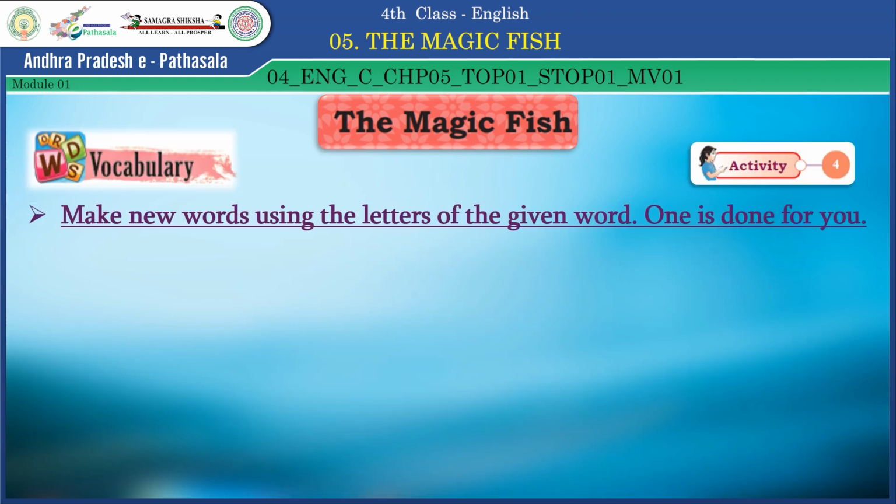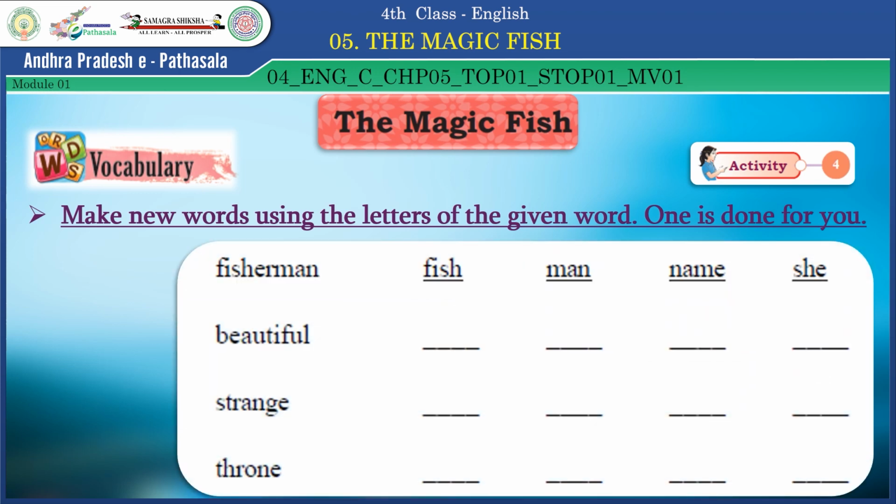Children, make new words using the letters of the given word. See, the first one is already done for you. What is it? For the word fisherman, the new words are like this: fish, man, name, and she. Have you understood, children? Okay, now say new words to the word beautiful. Yes, correct.